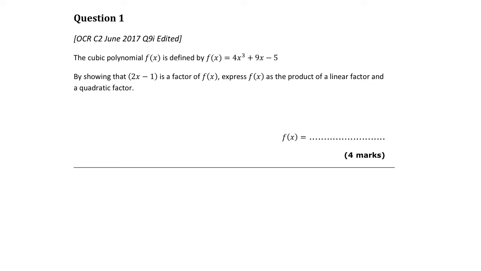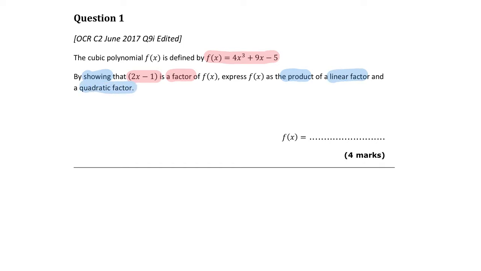So I'm going to pick out the key information now. My cubic, it tells me that's my factor, and I'm going to do this in different colour to show what it wants. It wants me to show that that's a factor, and it wants me to express f of x as a product of a linear factor and a quadratic factor.